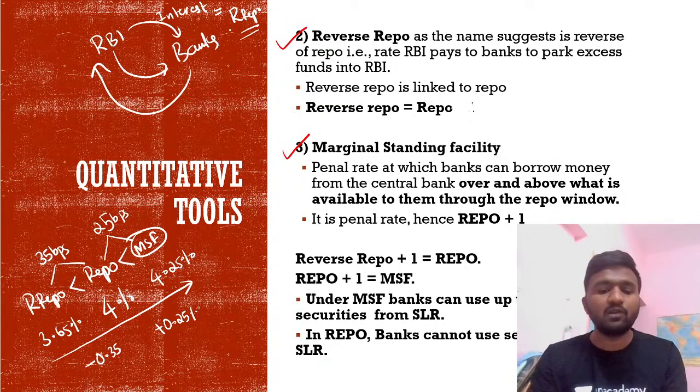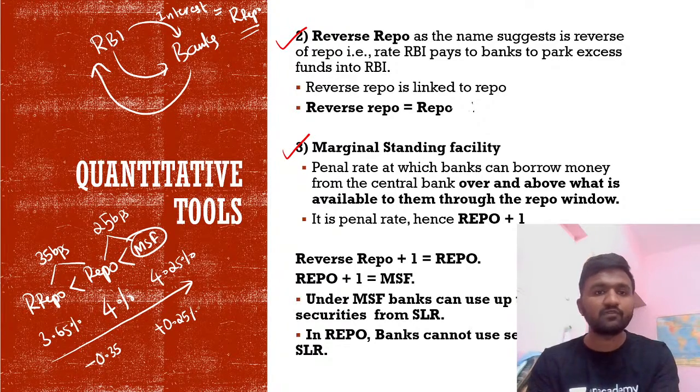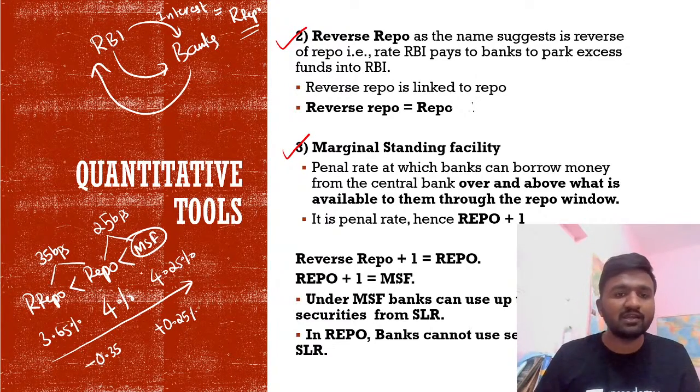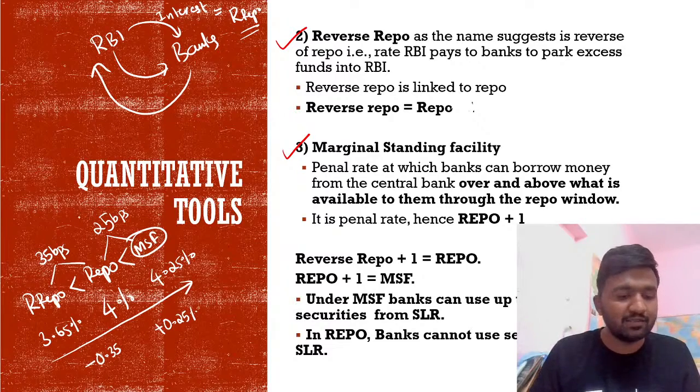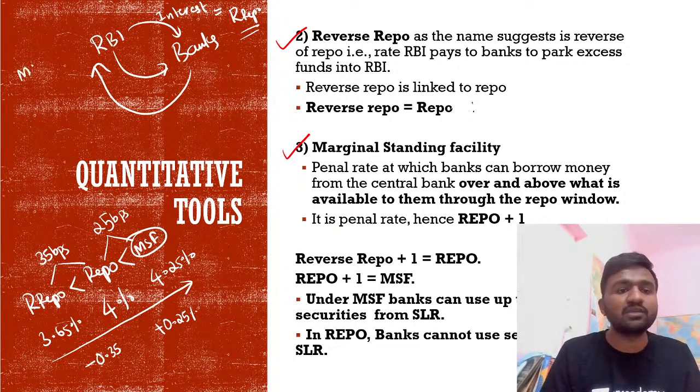What happens if banks want urgent money, and they have taken many loans under repo rate? At that time they will go with MSF.